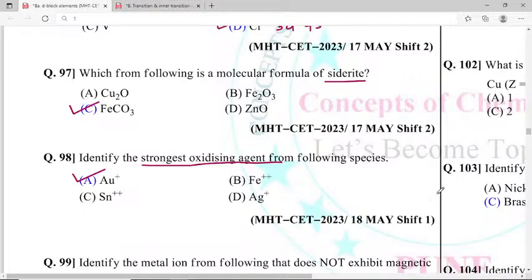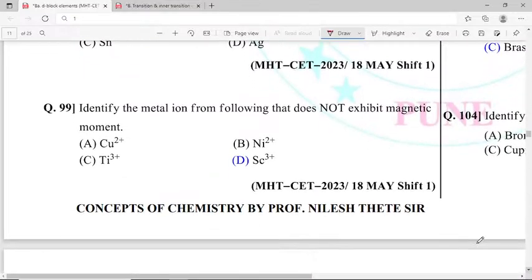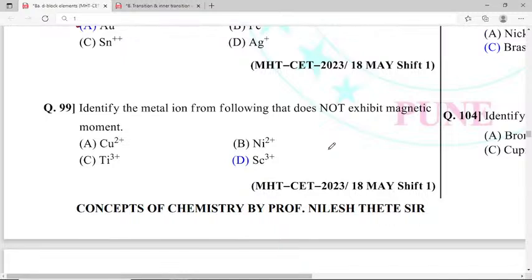Siderite has the formula iron carbonate. Identify the metal ion from the following that does not exhibit magnetic moment. Scandium plus 3 does not exhibit it, 3d0, 0 unpaired electrons.